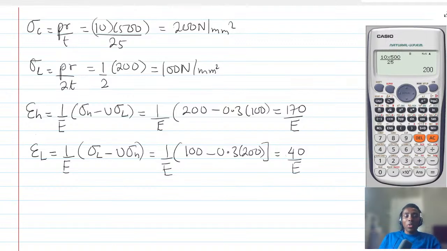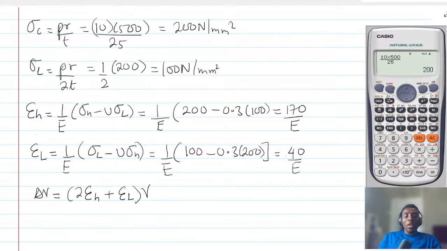The total change in volume is 2 multiplied by the strain along the circumferential direction plus the strain along the longitudinal axis, multiplied by the original volume.